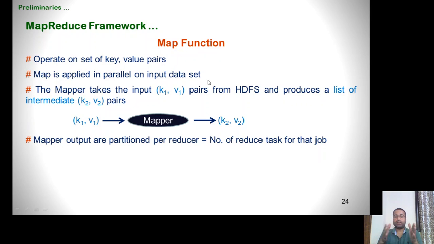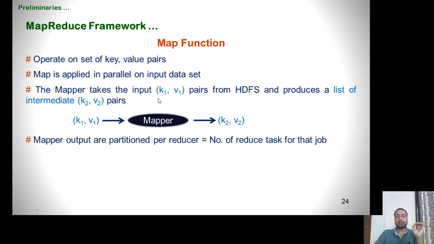That is how the parallel computation works. So how can you achieve parallel computation? If there are n data blocks, it means you have to compute n tasks, and for n tasks there will be n number of mappers.